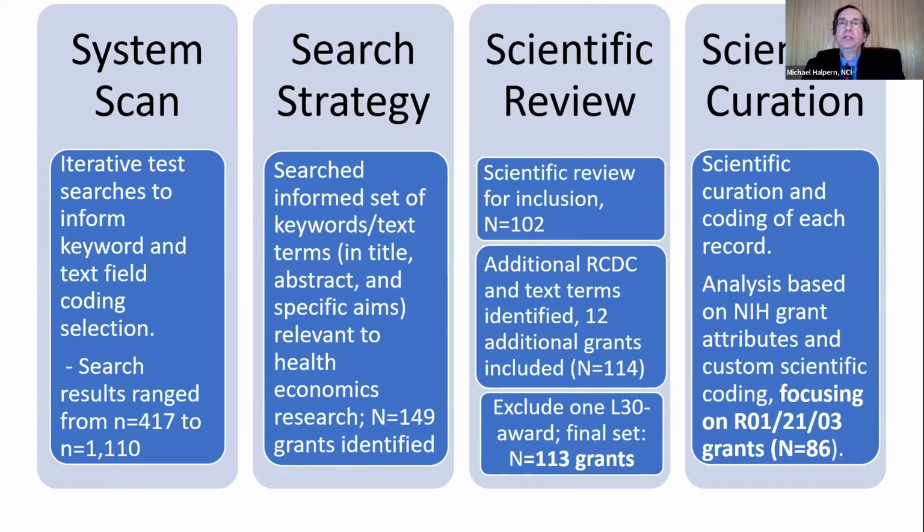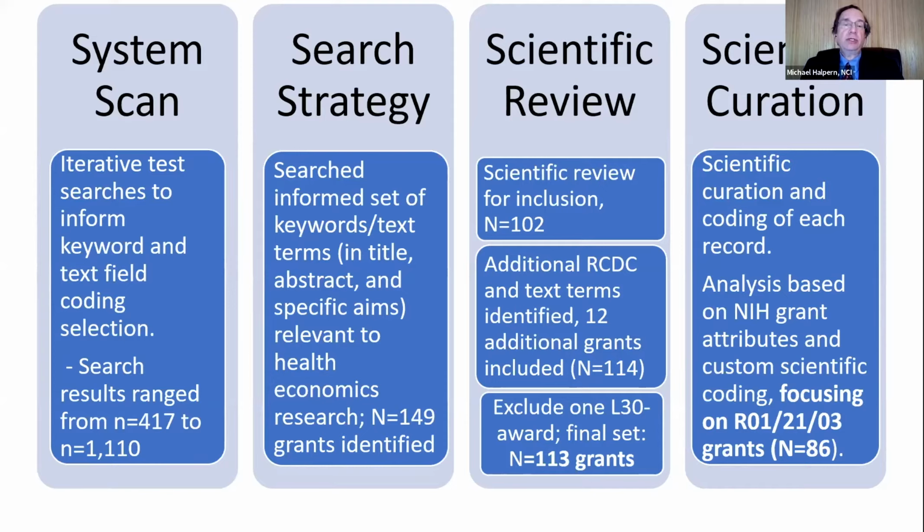Many of them included sentences such as "cancer is associated with substantial costs," but they did not include any sort of economic analysis. We learned quickly that we needed to narrow down the search terms that we used in order to find grants that actually included economic analyses.